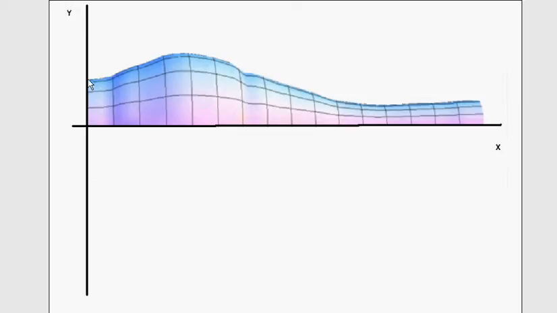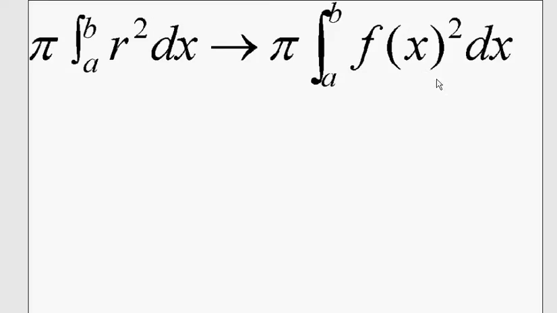Now Simpson's rule allows us to take points along any shape of any object, and by using those points we can estimate the area under the curve. And all we're going to do is exactly what we did if we had a function. In this situation we took our function, we squared it, and we integrated from a to b.